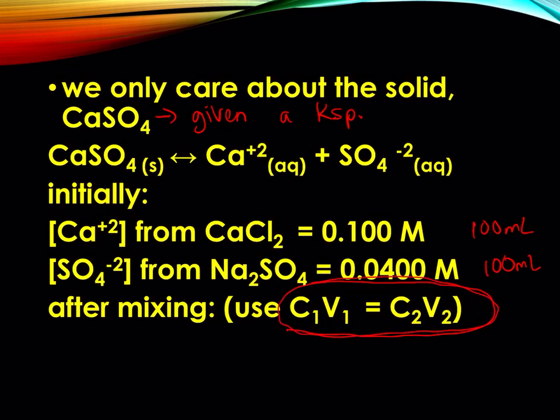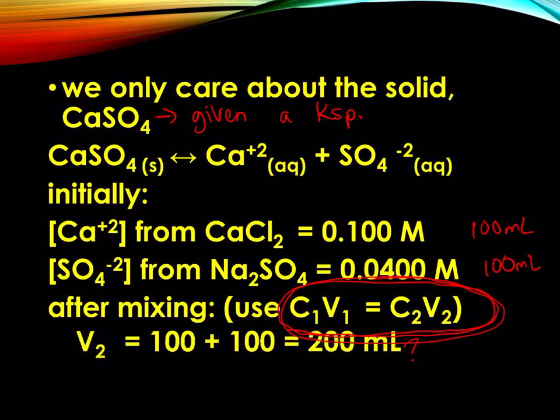They can be the same concentration, they can be the same volume, but they don't need to be. So then from grade 11, if you remember, when you are diluting solutions and you're figuring out a new concentration, we use C1V1 equals C2V2, okay? So in both cases, we're gonna figure out what the new concentration is once you mix them together, and the new volume in both cases will also be 200.